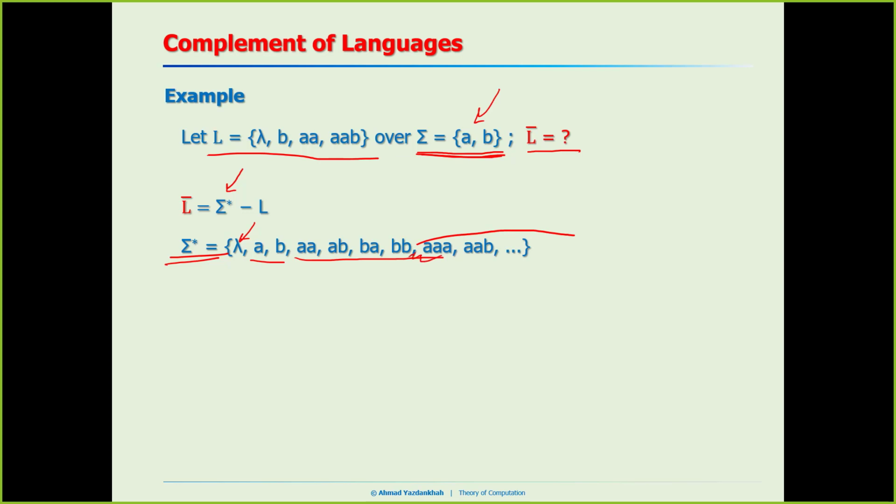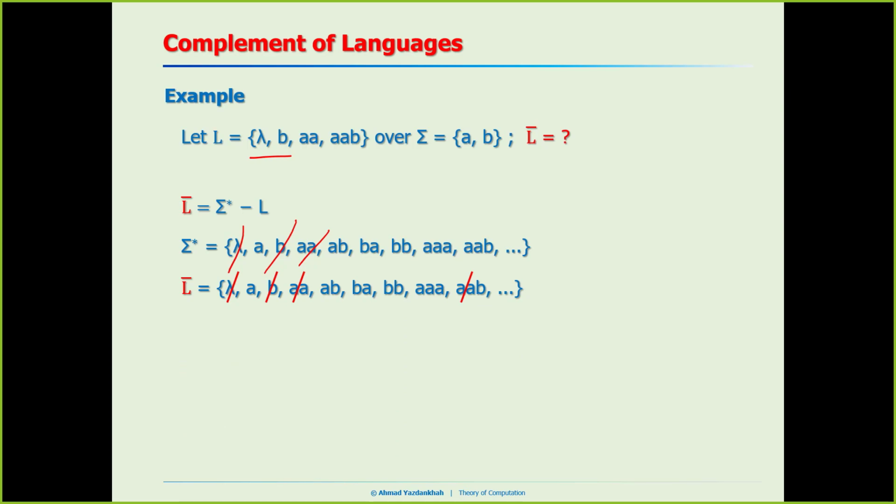So this is sigma star. To get L bar, we just need to remove all of the elements of L from this set. Here lambda, we cross this one, B, and so forth, right? And the result will look like this.